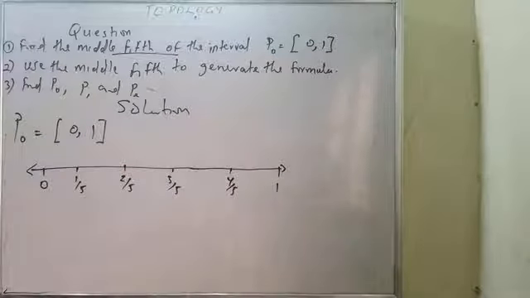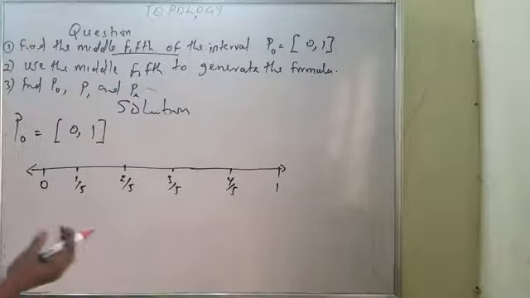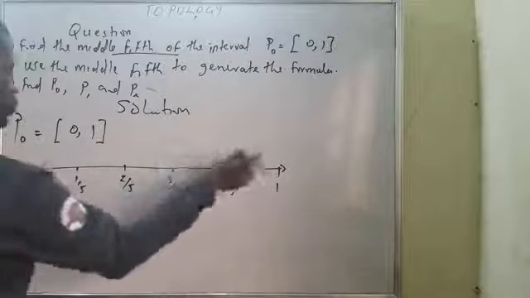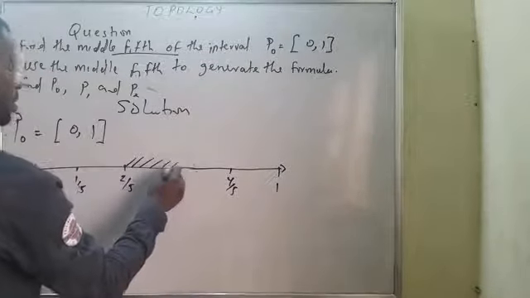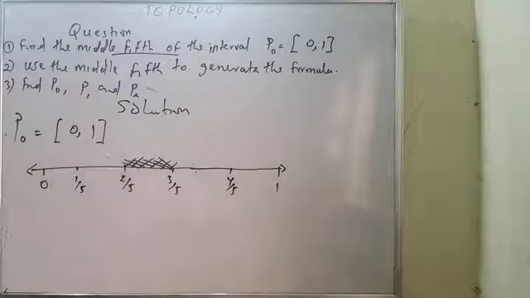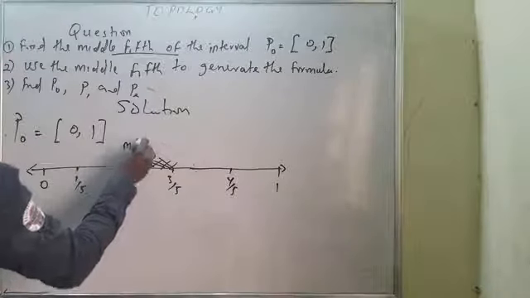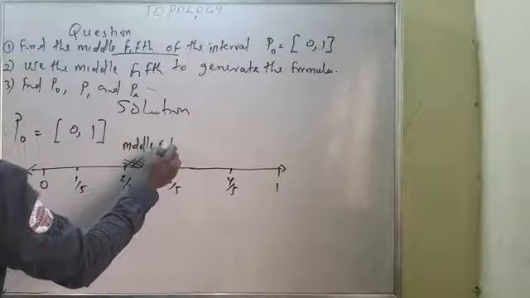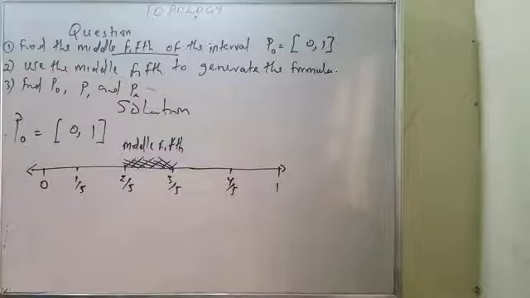Now, once I divide it into 5, I can look for the middle. Here becomes the middle point. That is my midpoint, my mid-fifth.